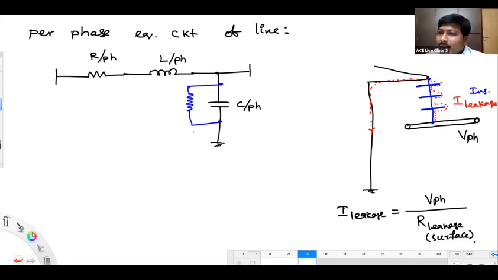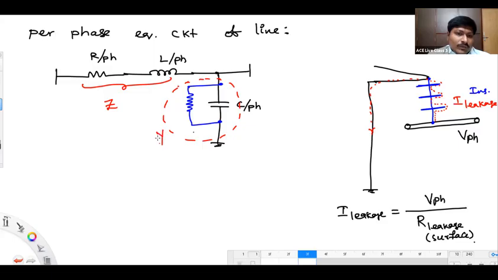So what is the voltage drop formula? I into Z. I into Z is the voltage drop formula. Current drop formula, V by Z. Rather than writing that as V by Z, I will write that as V into Y. So for ease in network analysis, a series element is generally represented in the form of impedance, whereas a shunt element is represented in the form of admittance.